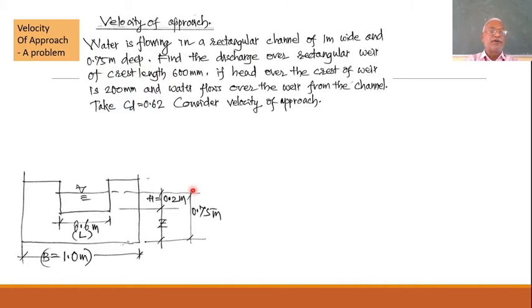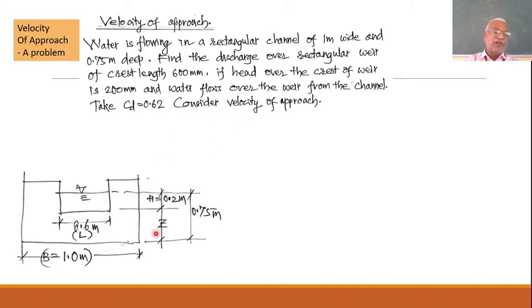The discharge is over a rectangular weir of crest length 600 mm, here the cut notch is 0.6, or L is equal to 0.6. If head over the crest is 200 mm, that is, this head over the crest is 0.2 meters and water flows over the weir from the channel, take CD equal to 0.62.